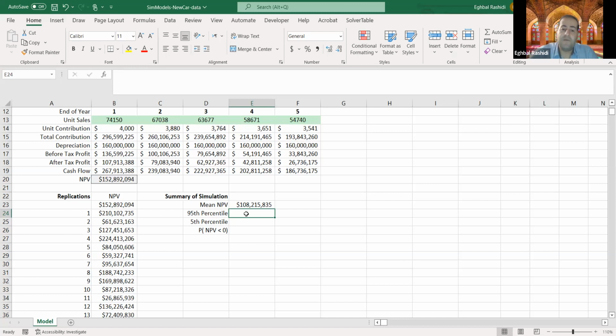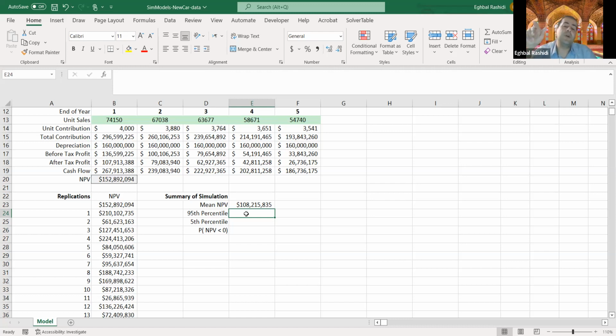To compute the 95th percentile, it's going to rank all the replications of the simulation for the 1000 replications that we have, from the smallest to the largest in an increasing manner, and then find the 95th percentile.